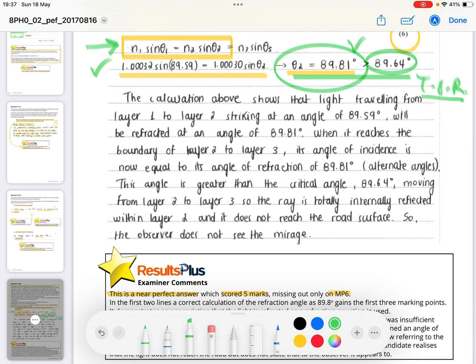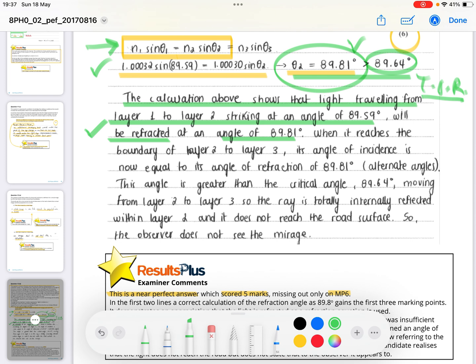It says the calculation above shows that the light traveling from layer 1 to layer 2, striking at an angle of 89.59 degrees, will be refracted at an angle calculated above, 89.8 degrees. So refraction will get 1 mark.